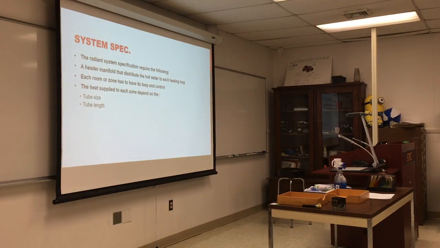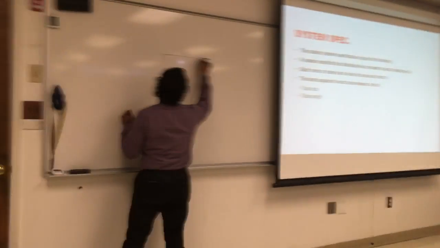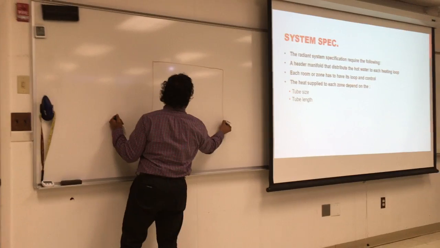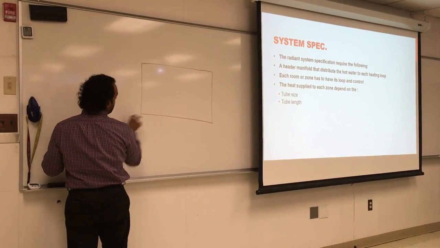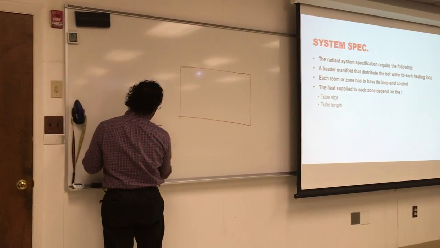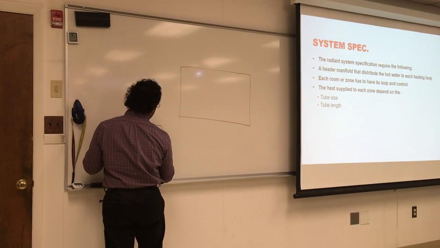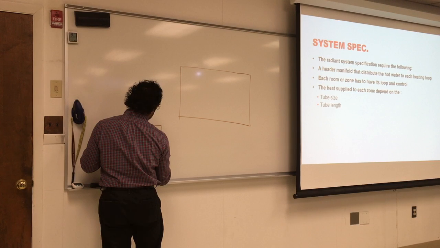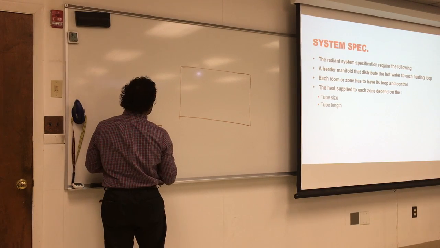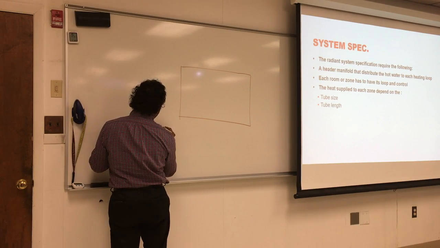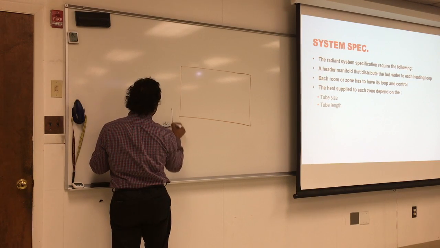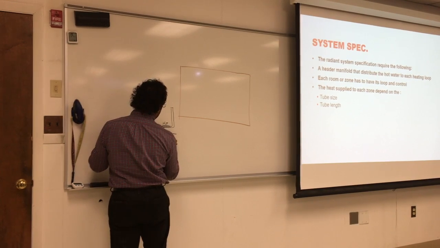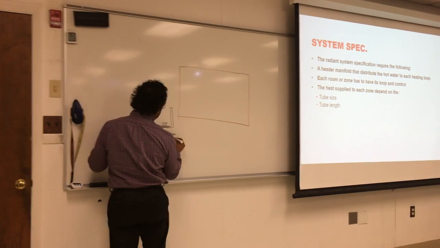So I'm going to draw a simple house here. Imagine this is your basement, and this is my boiler. I'll have a hot pipe coming from here, and we have a cold one coming back.